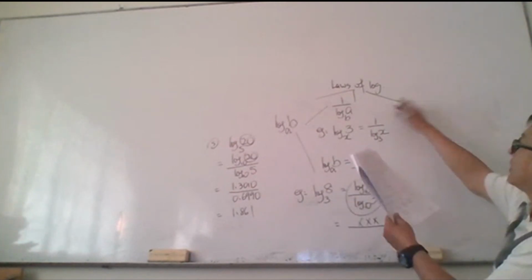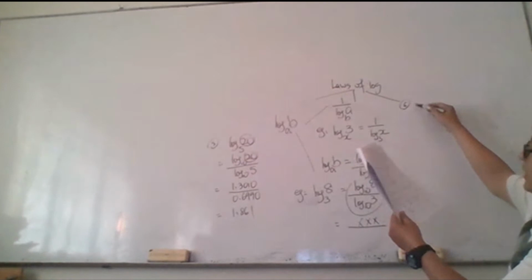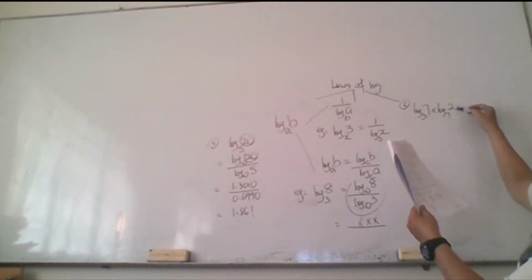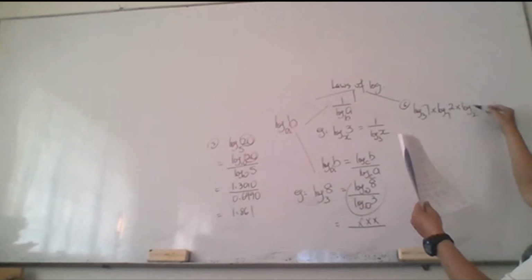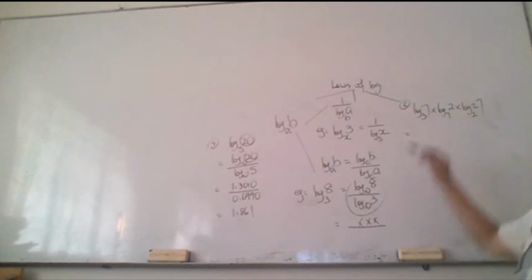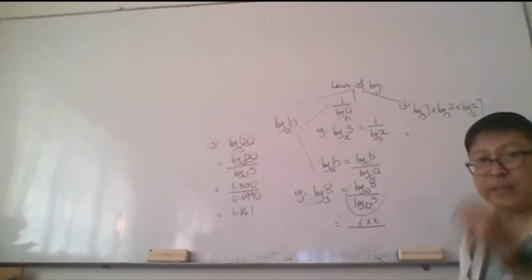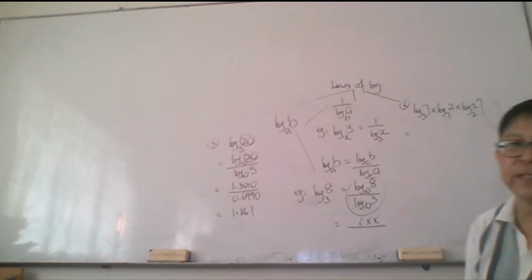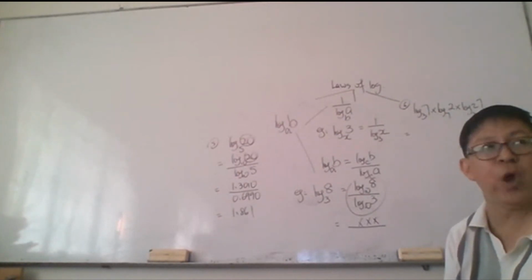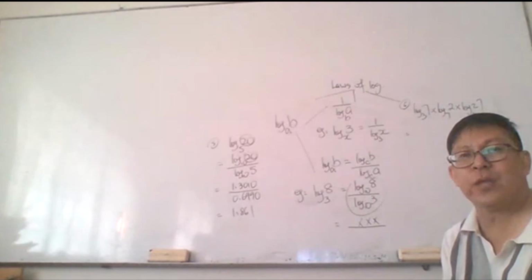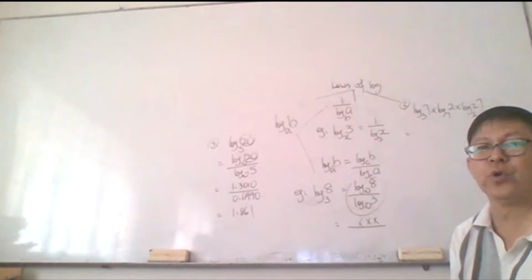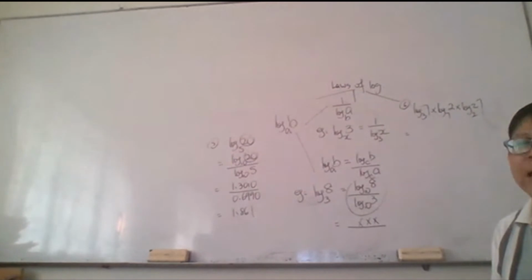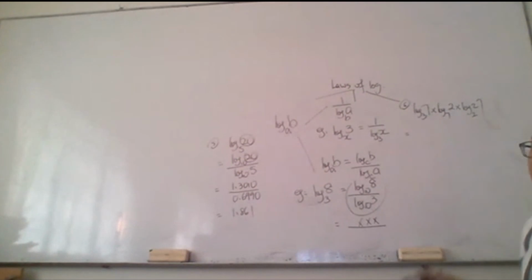I will write the power law so that I can proceed to another example, that's question number 6. For this question, how to evaluate is simple. You see that they give you different bases: base 2, base 3, or even base 7. So which one are you going to use? For me, I'm using common log because we can use the calculator.